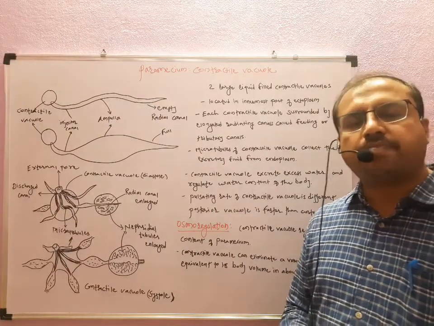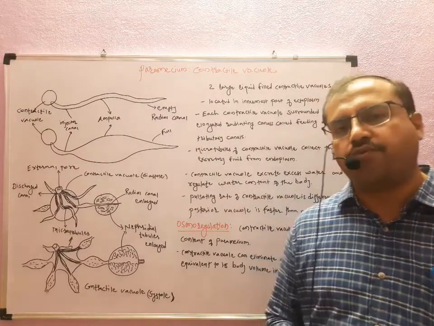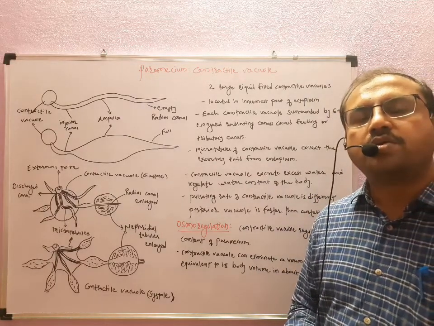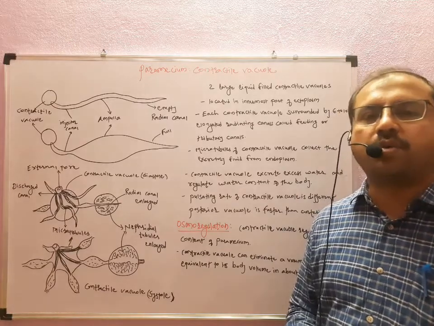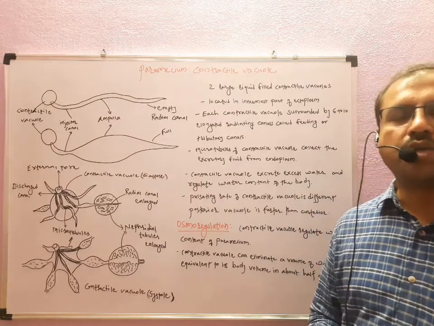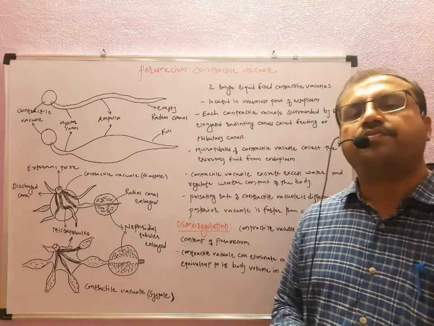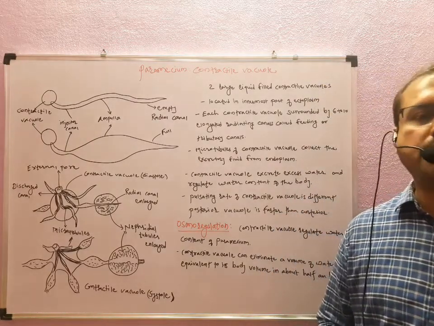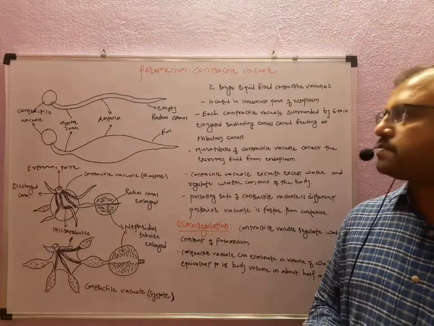As paramecium lives in fresh water, it has the problem of eliminating the excess amount of water, so the contractile vacuole continuously works for the removal of excess water from the cell.